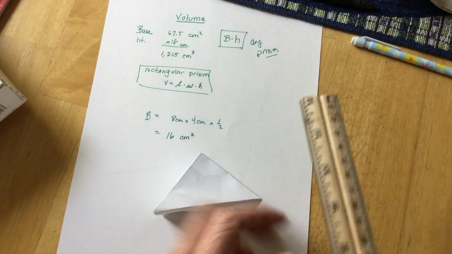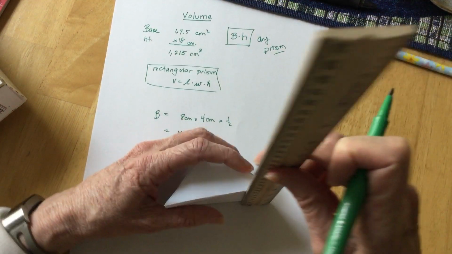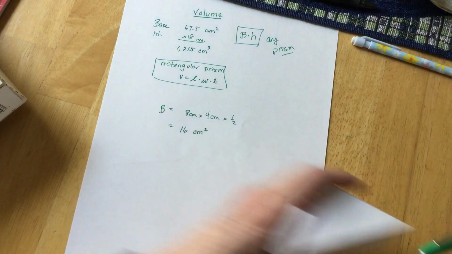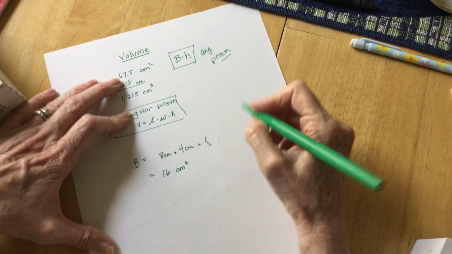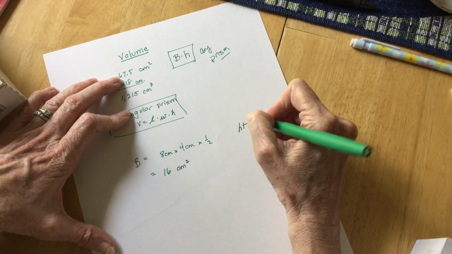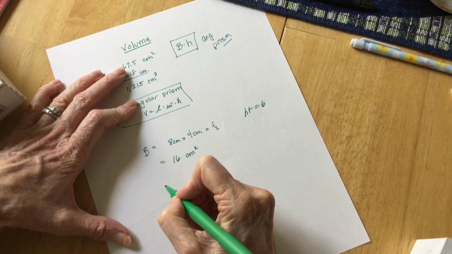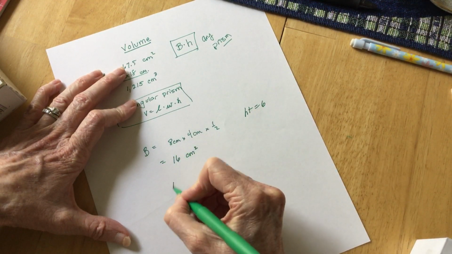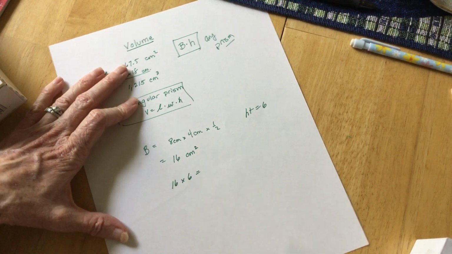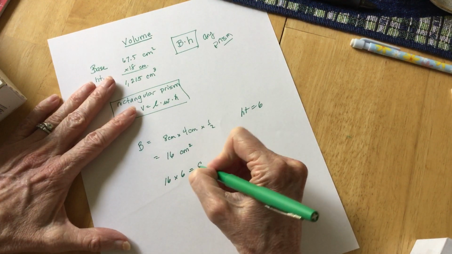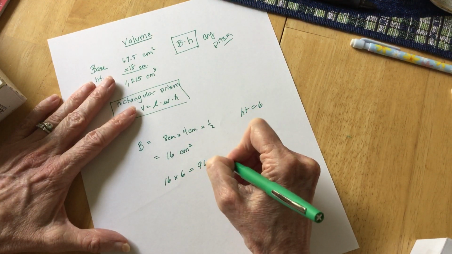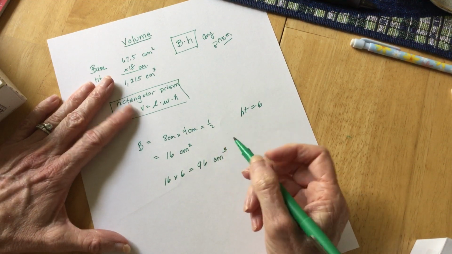And how high is it? It looks like it's about 6 layers, a height of 6. So if the height is 6, it's going to be base times height. So 16 times 6, which is 96 centimeters cubed.